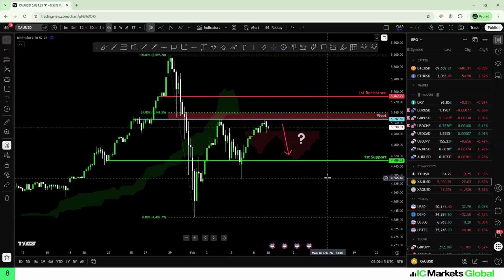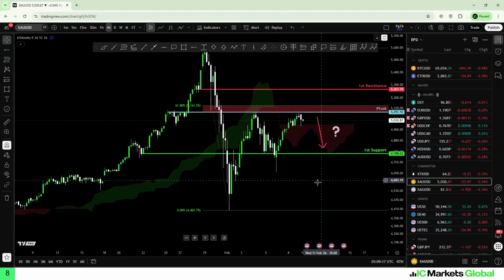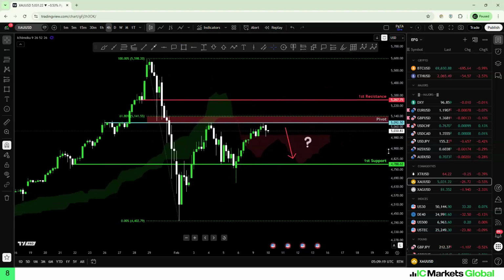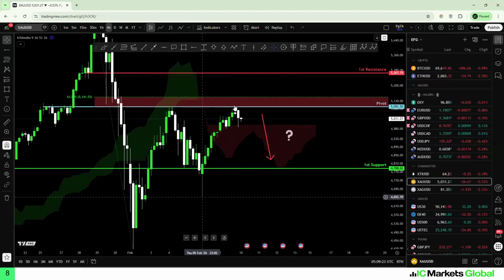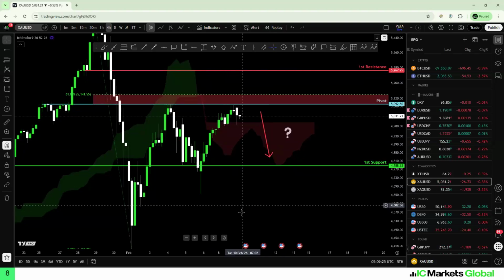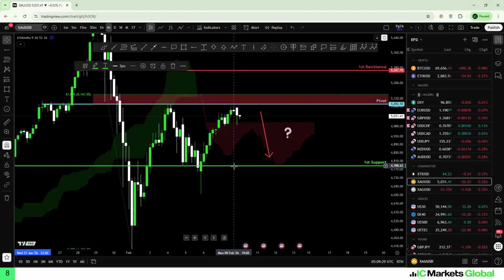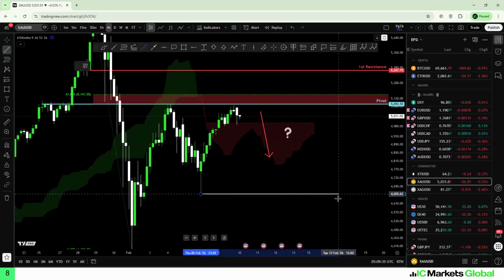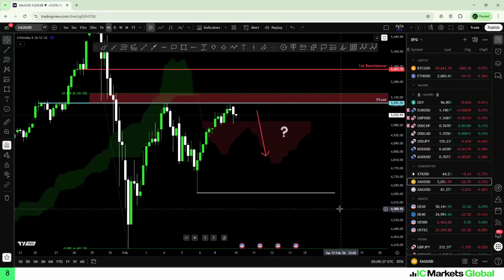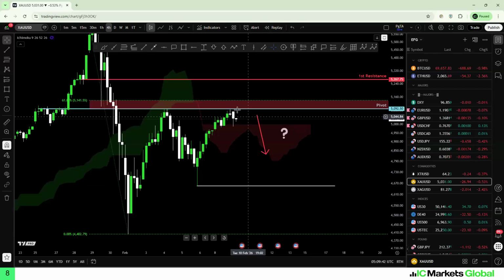Here we see this is a swing low, and this is the swing high. If price closes below the swing low here, where is the next potential profit target if you're going to sell from this level?